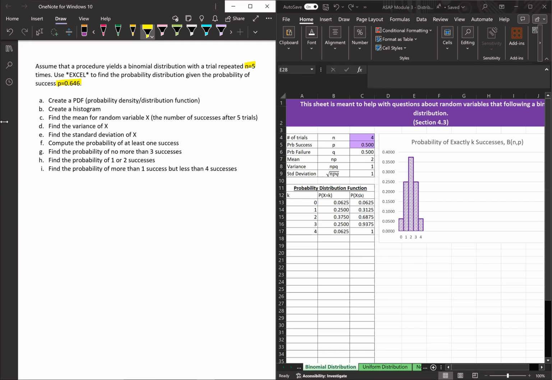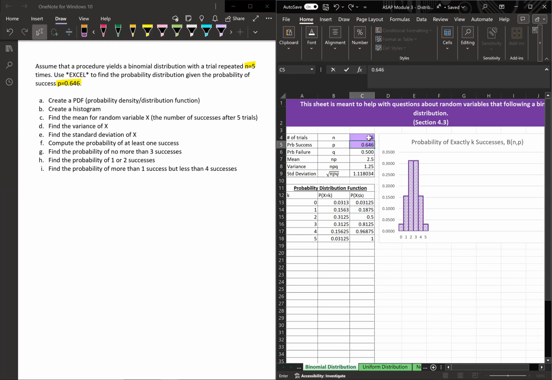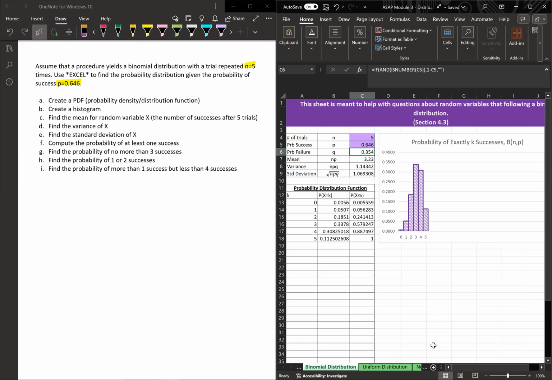This is a totally abstract example of a binomial distribution. No one's playing baseball, no one's flipping a coin. We're just given N and P. And frankly, I don't need a backstory to have fun with this. 0.646. And notice that when I put those in, I'm seeing the numbers change.